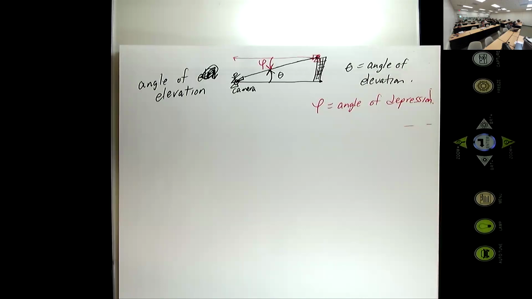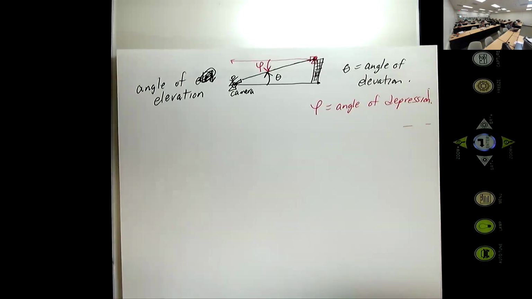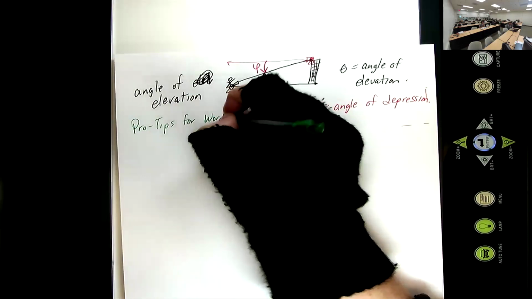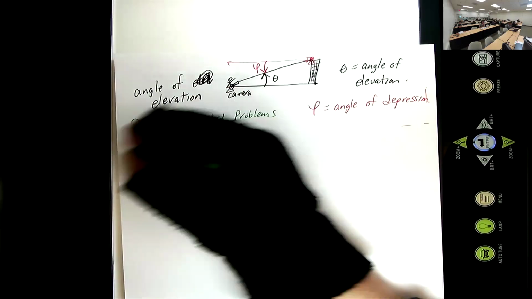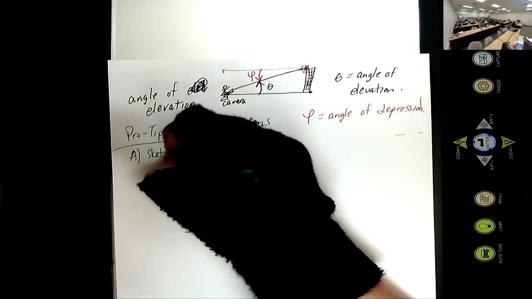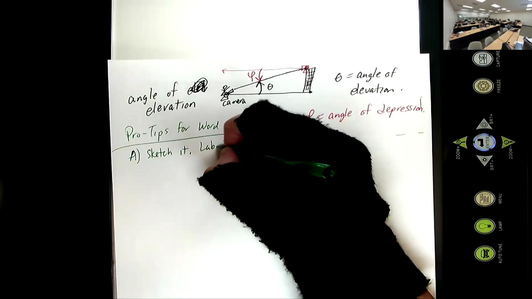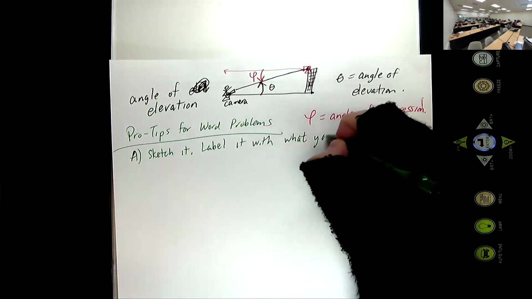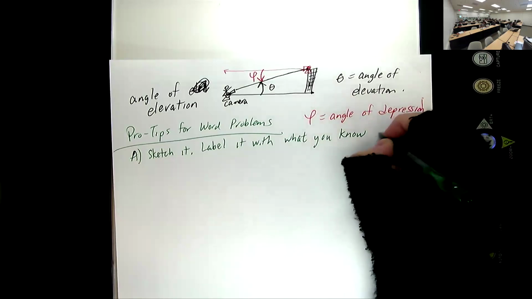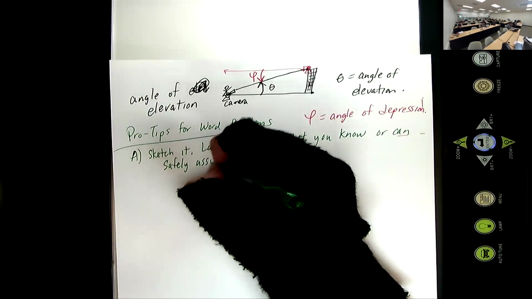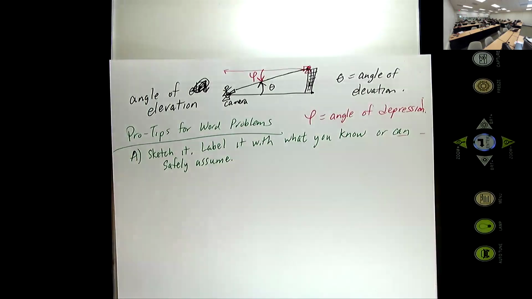So we'll use that right now. Pro tips in doing some of these word problems, because we didn't do a word problem yet, you were just given the triangle. Sketch it. Label it with what you know, or can safely assume. There's very little we can safely assume, but I'll talk about that when we get to it.